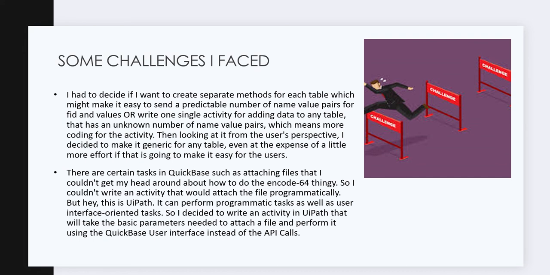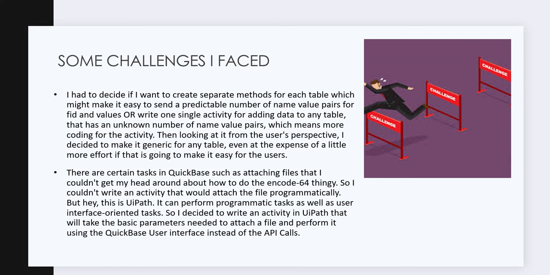And the second thing was, as I was going through this journey of automating activities like attaching a file automatically without user interaction, or maybe if I have to send an email to a list of people that you would have to do within QuickBase interactively, right?